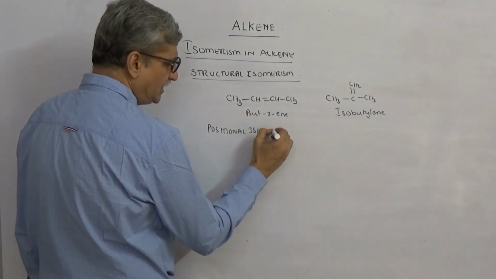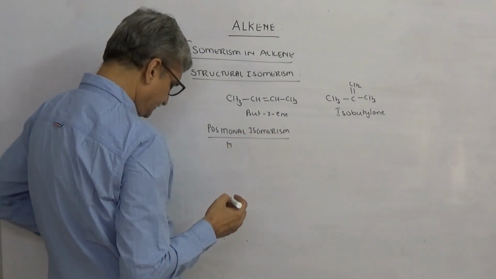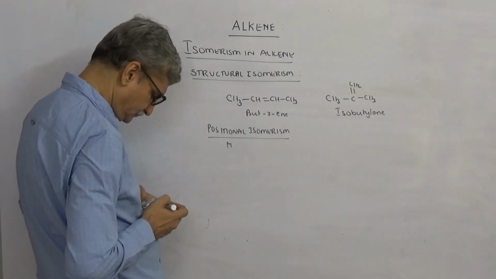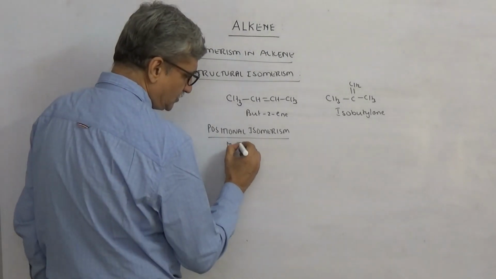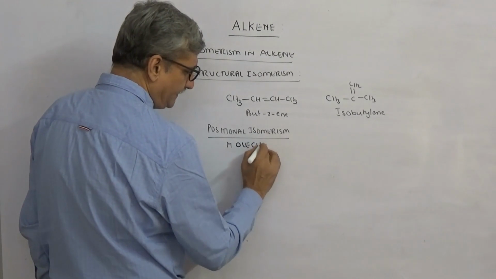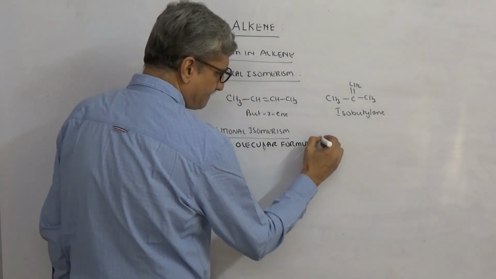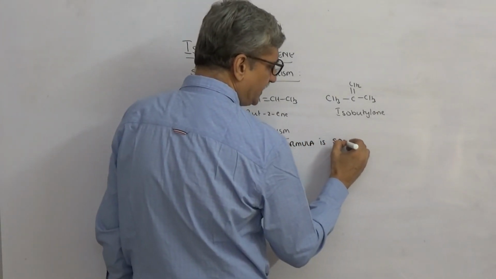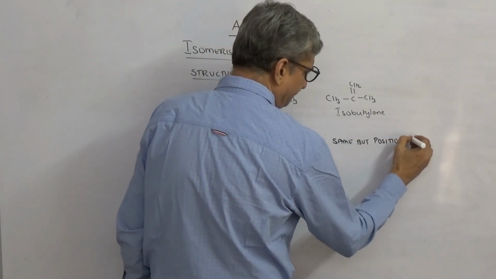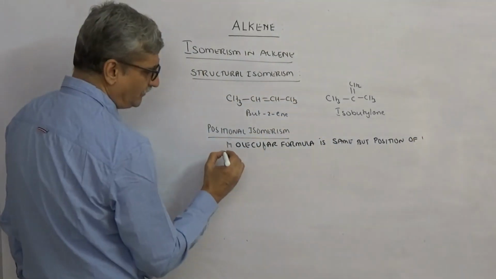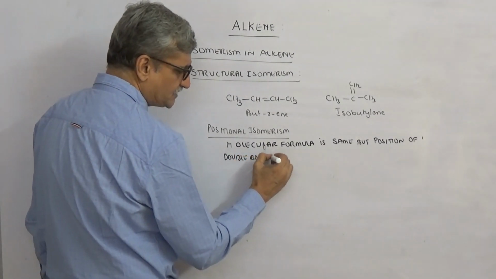We can also have positional isomerism in structural isomerism. So what is positional isomerism? Molecular formula is same, but position of the double bond differs.